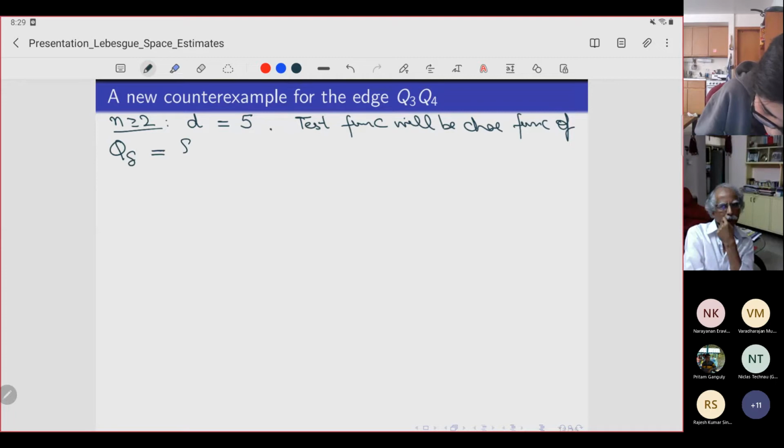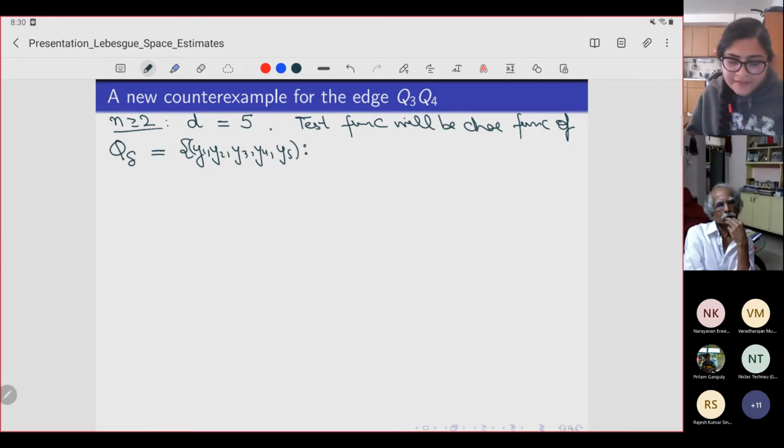And what is Q_delta? Remember, we now have 5 components, y1, y2, y3, y4, y5. What happens in the NAP example usually is that you choose certain directions to vary in a set of radius delta to the power 1/2, and the last direction, which corresponds to the codimension, to vary in a set of radius delta.